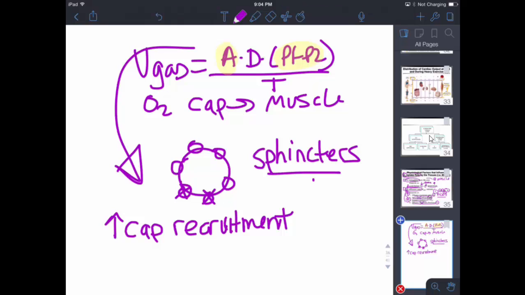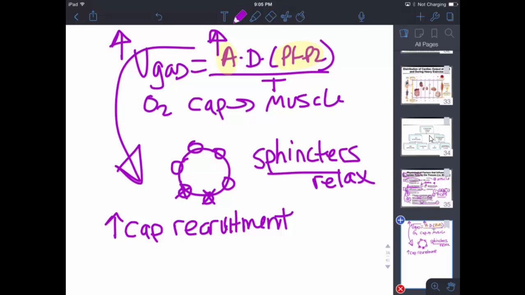The sphincters are going to relax. Okay, and when you increase capillary recruitment, you have more open capillaries, and this is going to increase the blood flow coming into the muscle. So what we see during exercise is this area increases, which helps increase the rate that gas diffuses in.